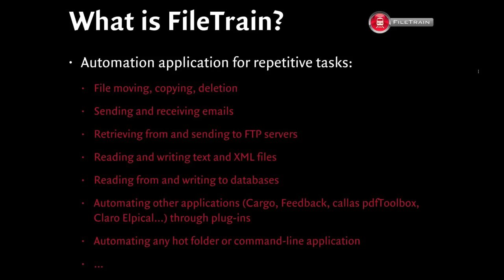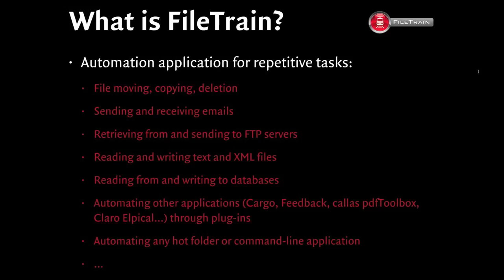And you can see a list on there, including things like Callas PDF Toolbox or Claro Alpical. And then by extension, any application that uses hot folders or can be addressed through a command line, has a command line interface, can also be integrated into a FileTrain station.